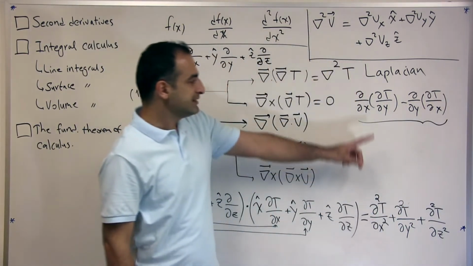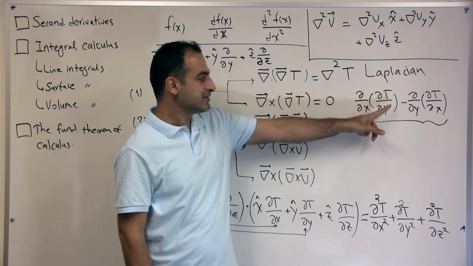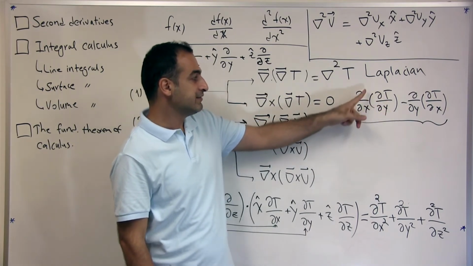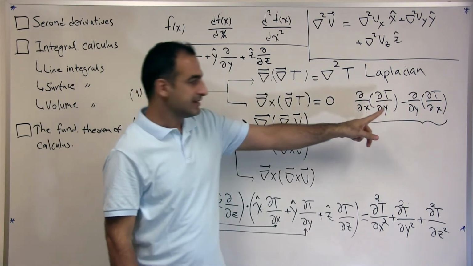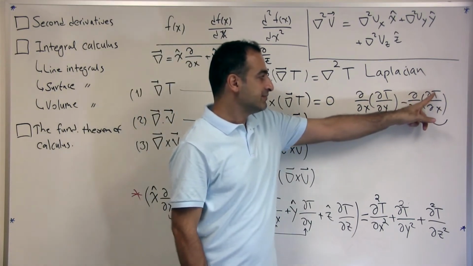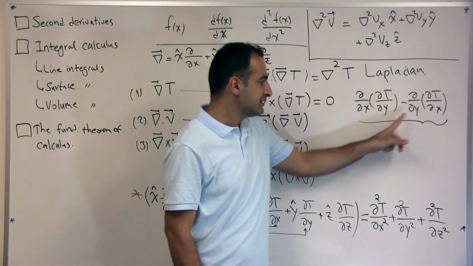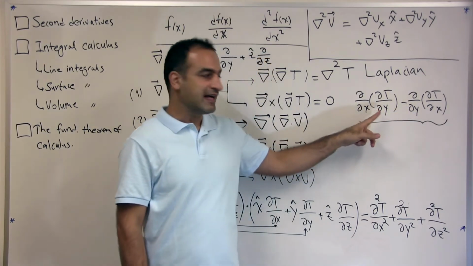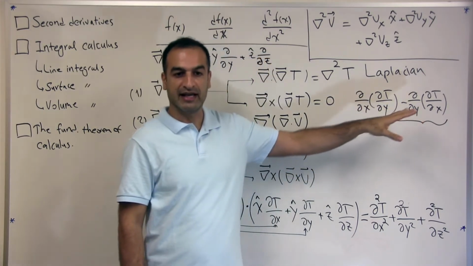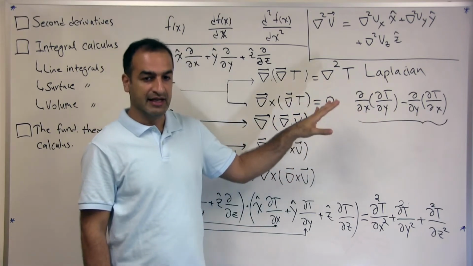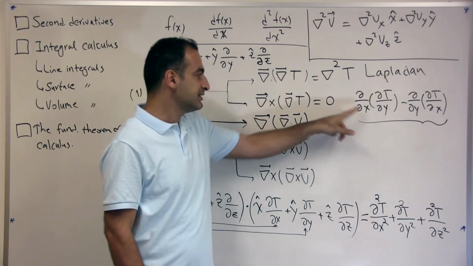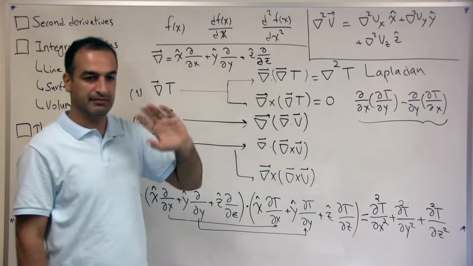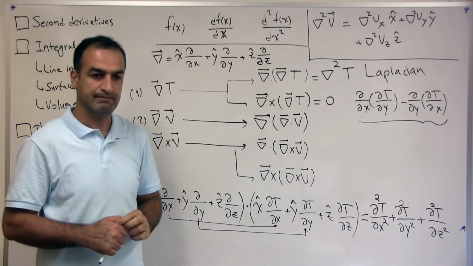So what is this? This is a derivative of T with respect to y, and then the second derivative is with respect to x. And the next term is the derivative of T with respect to x, and then y. So in that sense, it looks different, but as a matter of fact, these two terms are equal, and they cancel each other out. At the end, you will have many terms like this, and the curl of the gradient becomes zero, okay?